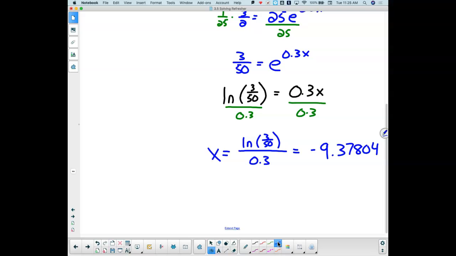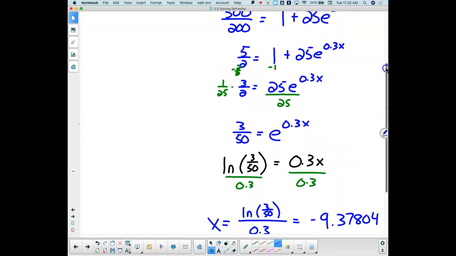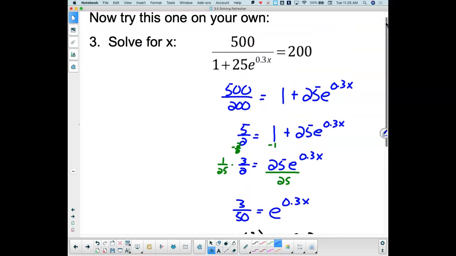Does that work out? What's a way that we can check to make sure it works out? Plug it back in.